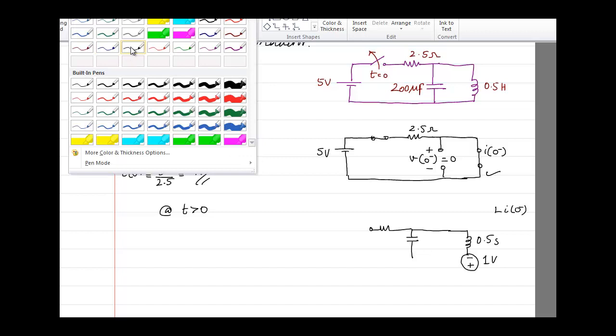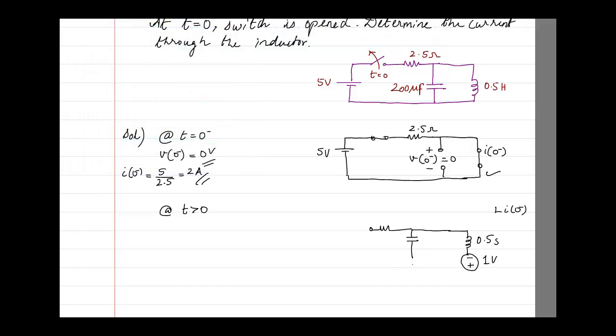Voltage, if you want to draw, you can draw. I will draw it, for your sake. And the capacitance is 1 by Cs. See, what is C? C is 200 microfarads, which is 200 into 10 raised to power minus 6 farads, which comes out to be 2 into 10 raised to power minus 4 farads.